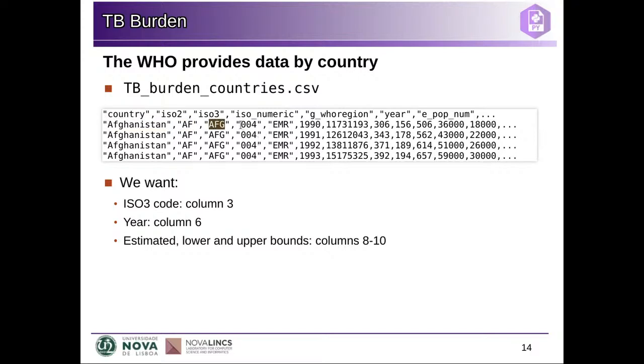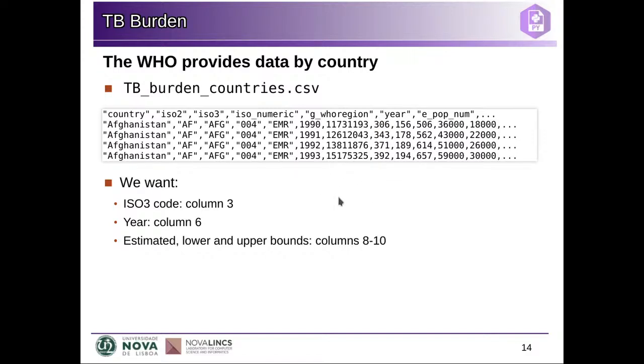You already saw this with the example that we saw last week, where we were getting the temperature values from the World Bank site. And we also have the year for which the data corresponds, then the population and the tuberculosis estimated burden, the lower bound and the upper bound, and other information.